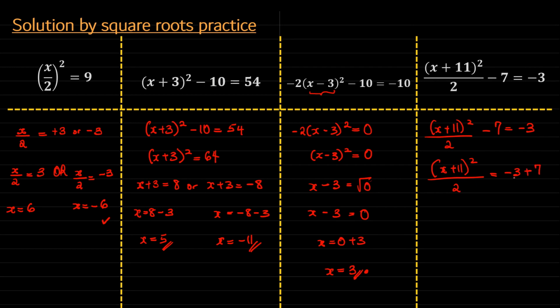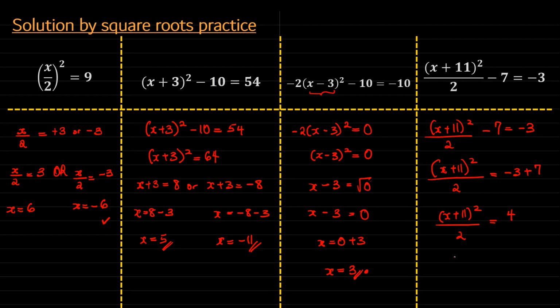Yeah, I'm right. So we'd have x plus 11 all squared over 2 gives me 4. Hold up, I'm just checking my math. Yeah, this gives me 4.